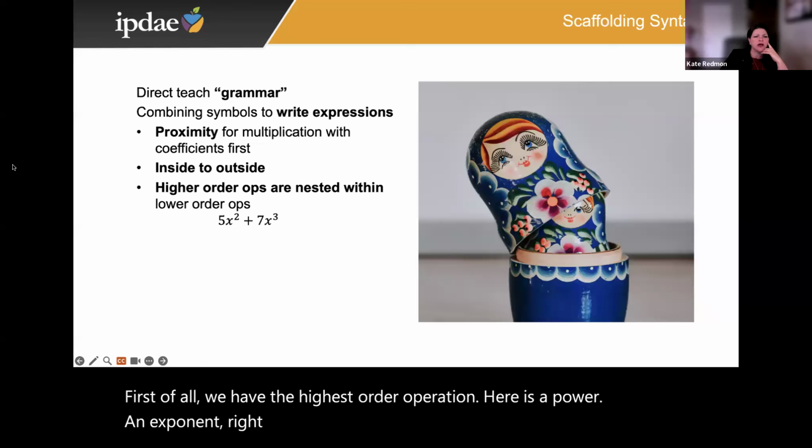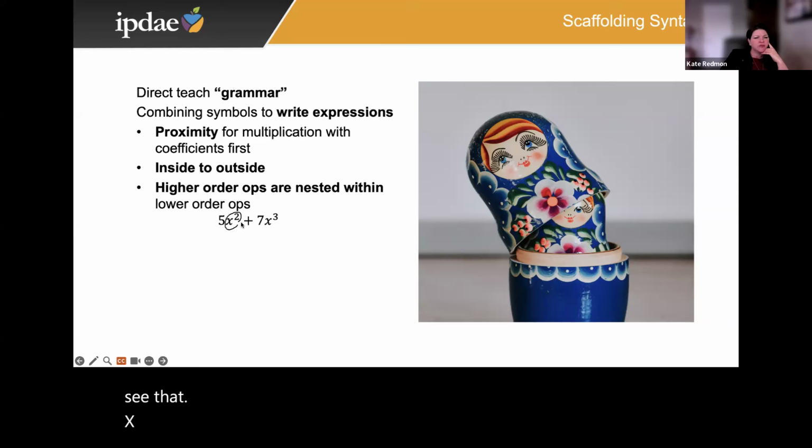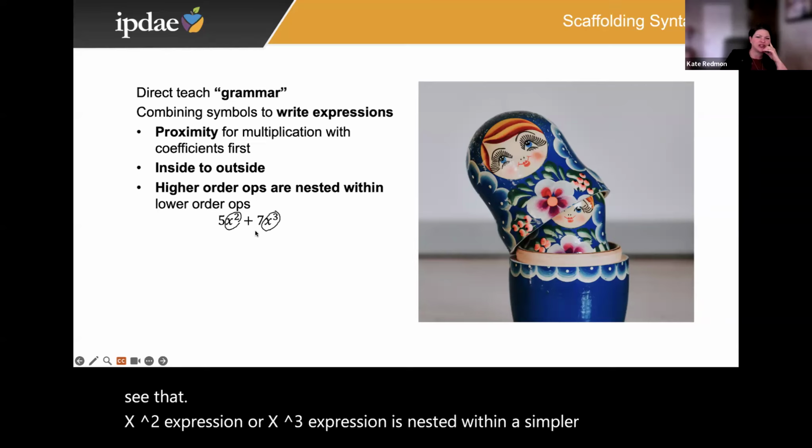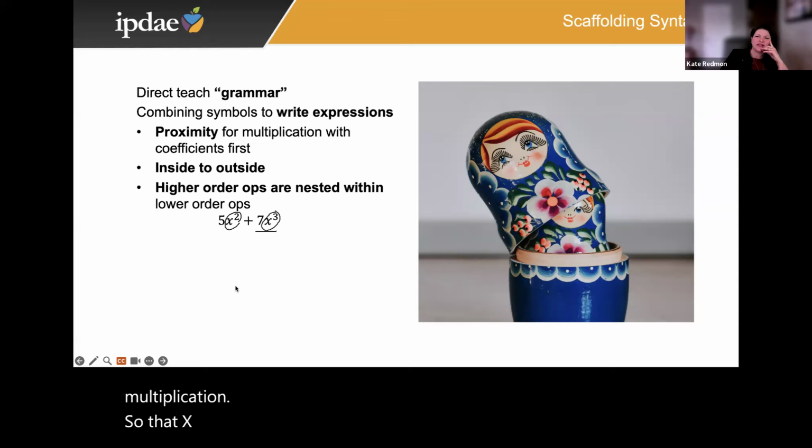An exponent means repeated multiplication. And we see that that x squared expression or x cubed expression is nested within a simpler operation, multiplication. So that x cubed is nested inside with 7x cubed.